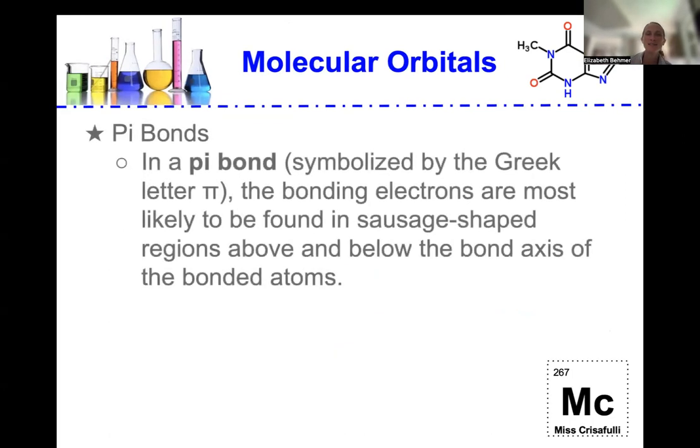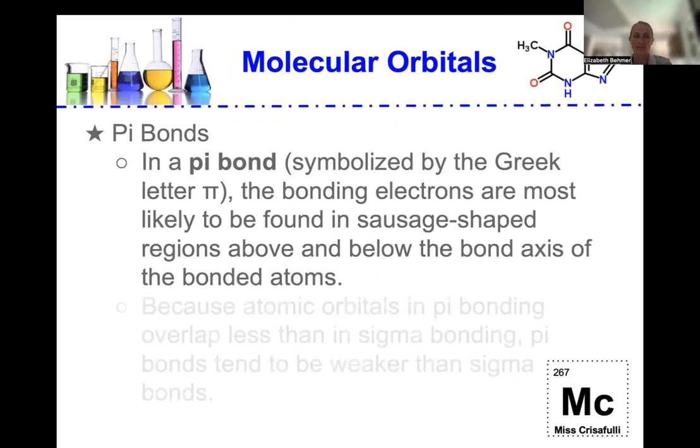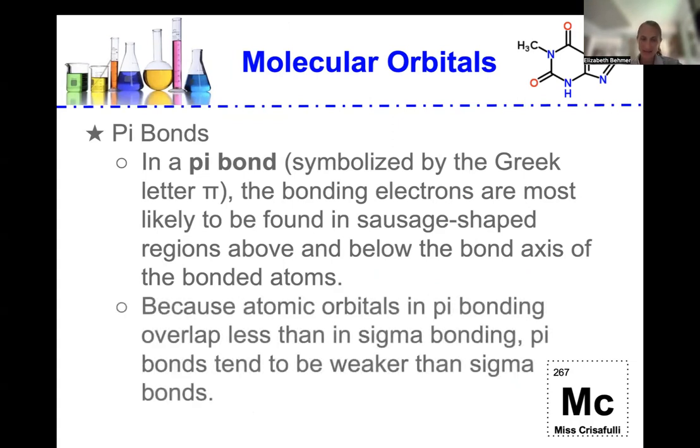In these pi bonds, symbolized by the Greek letter pi, the bonding electrons are most likely to be found in the sausage-shaped regions above and below the axis of the bonded atoms. Because the atomic orbitals in pi bonding overlap less than in sigma bonding, pi bonds tend to be weaker than sigma bonds.